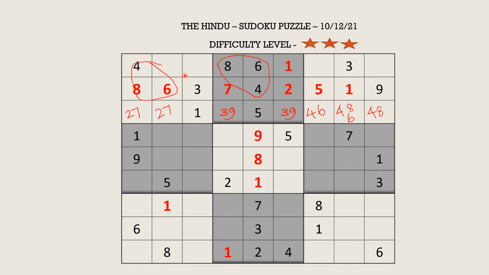The missing numbers are 5 and 9. We already have a 5 here. So this cell takes 9. This cell takes 5.